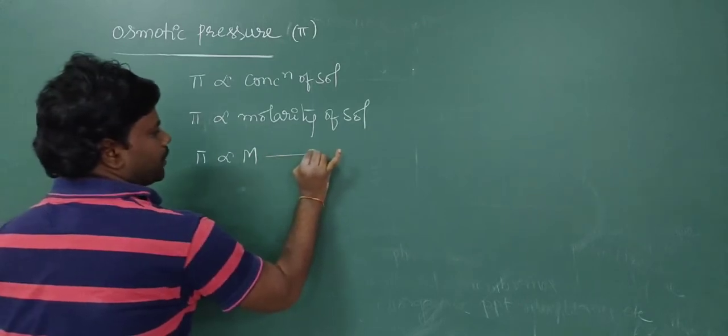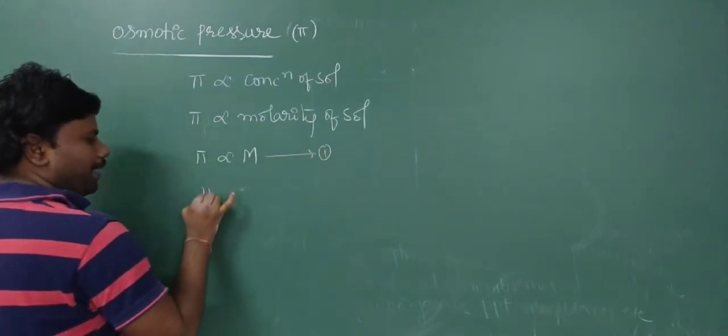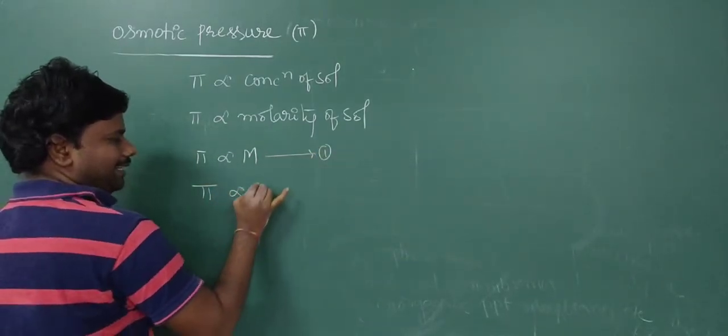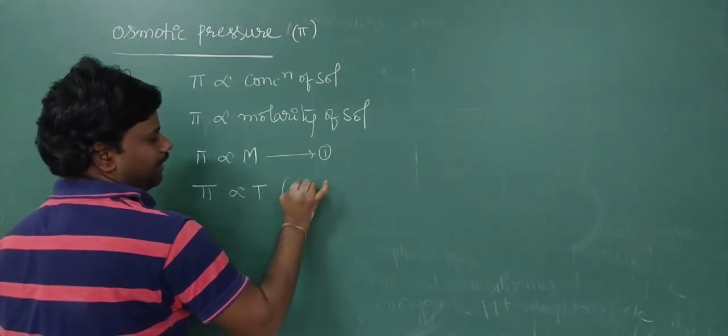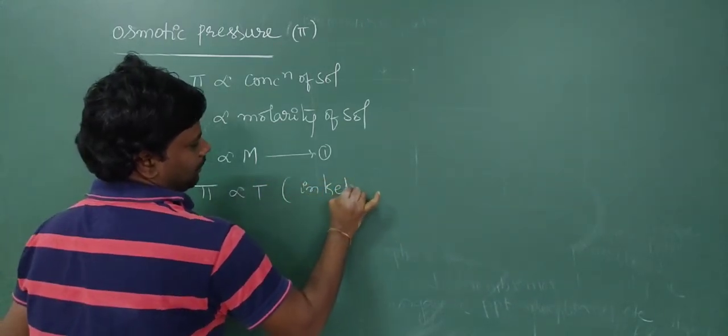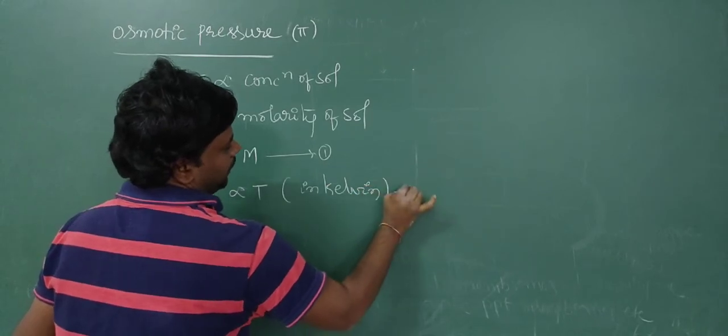This is equation number 1. Pi is also directly proportional to the temperature in Kelvin. This is equation number 2.